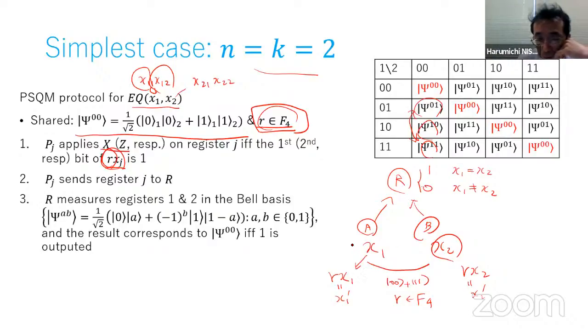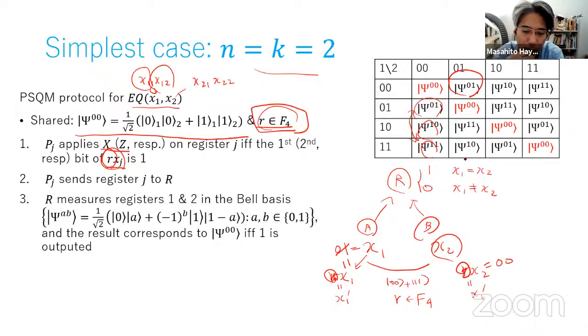No. If we do not apply this, then if x1 equals 0,1 and x2 equals 0,0, R gets this state. But if this changes to 1,1, then the output changes to another state.